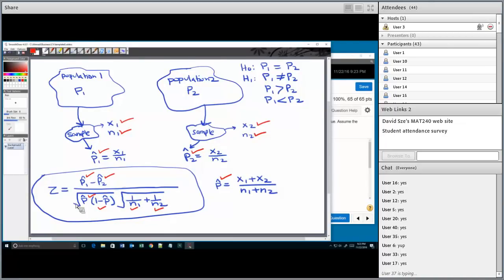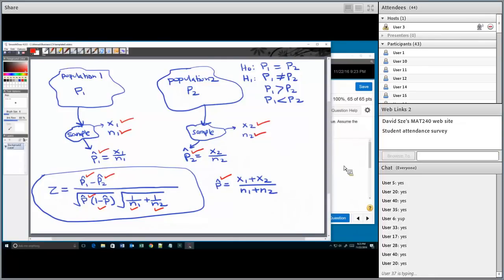So do you agree I have everything here? I can easily calculate my test statistic, can't I? Right? So I have everything I need to calculate the test statistic Z using this equation. And it should be a very simple plug and play kind of calculation.